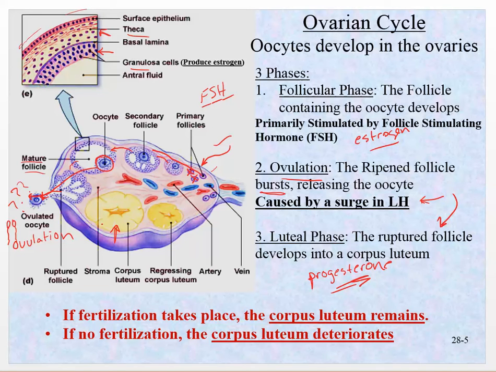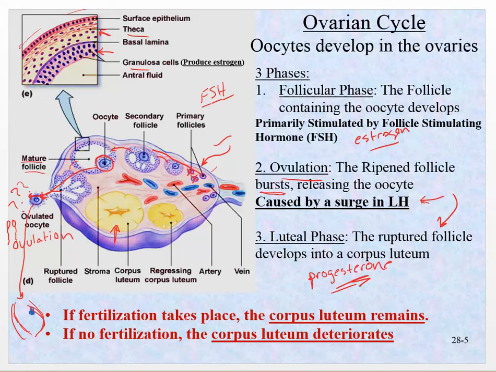So if there is a pregnancy and this oocyte is fertilized, then you want to maintain that endometrial lining. It will implant there, and the progesterone, which is being released from the corpus luteum, will keep that endometrial lining thick.